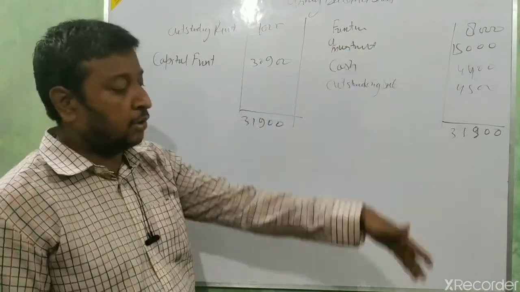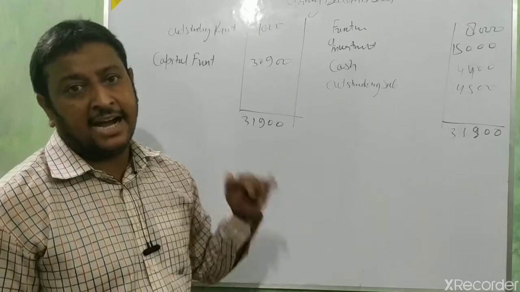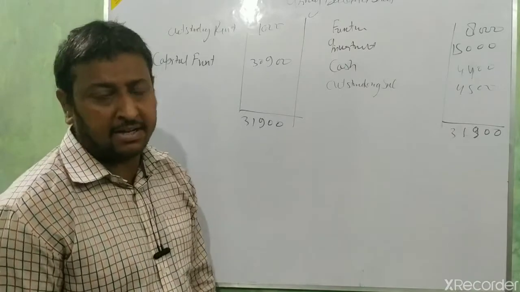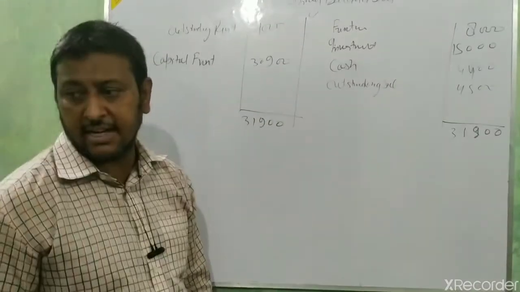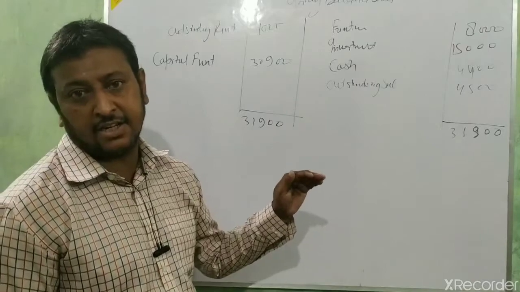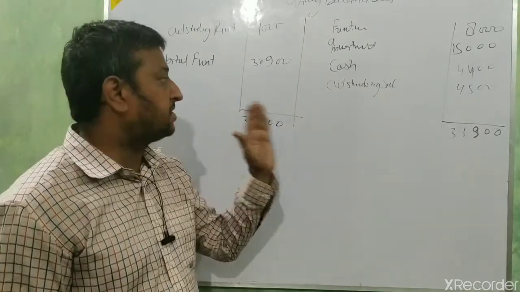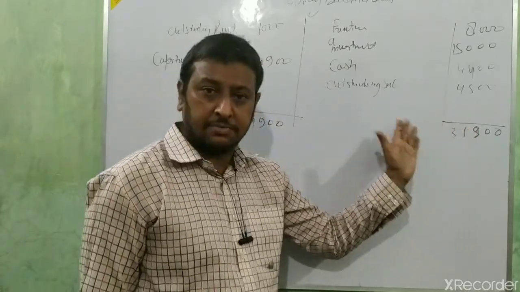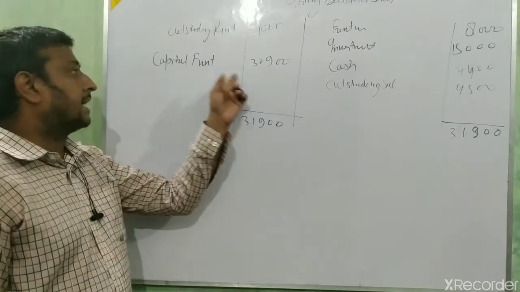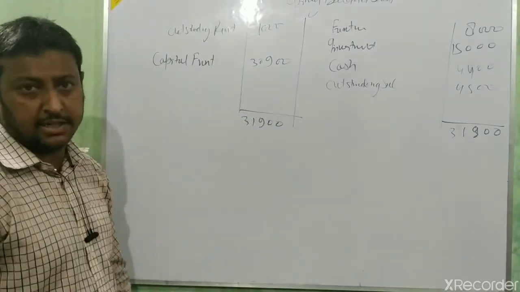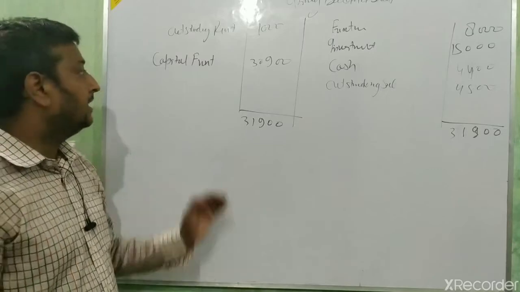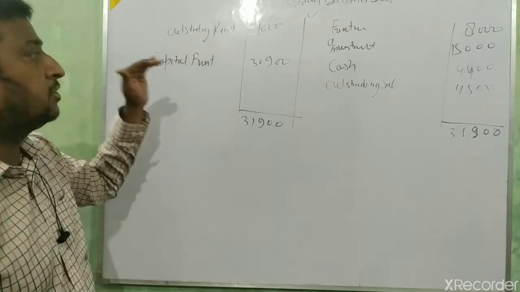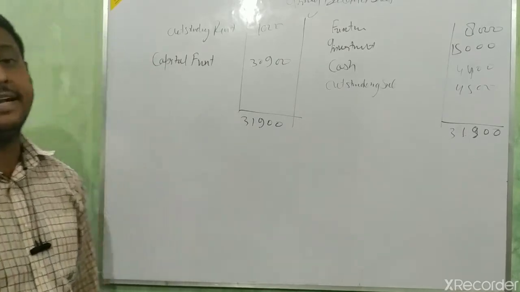Then furniture, both furniture, outside and inside, add and less the depreciation. Then investment, and the purchase of some building, add that furniture. Then less depreciation and add on the asset side the outstanding subscription. Then on the liability side, capital fund 30,900, then add surplus, and also outstanding rent.